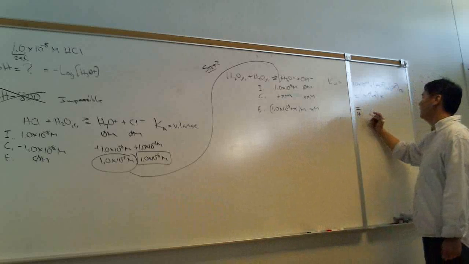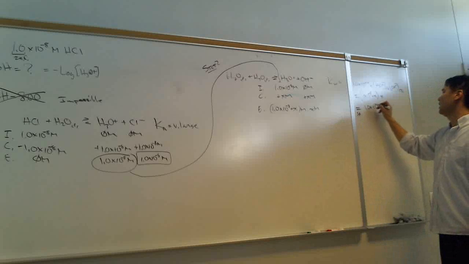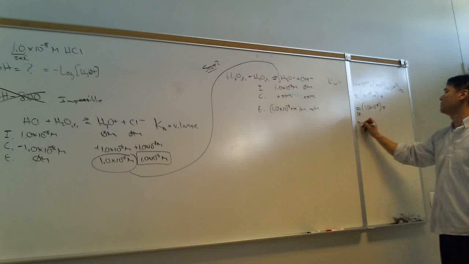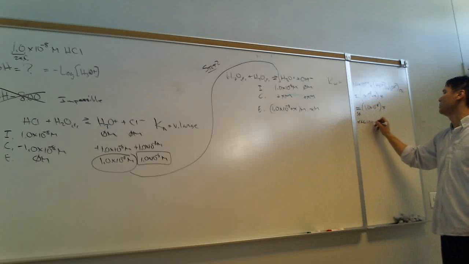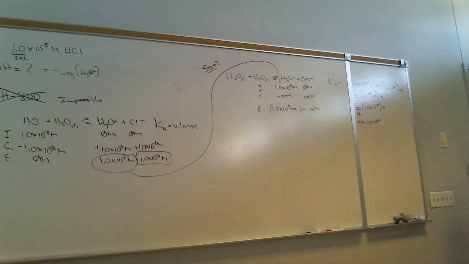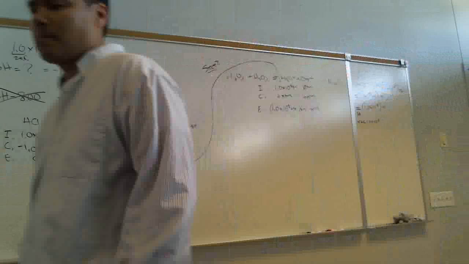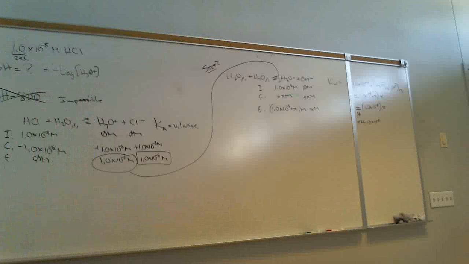We use the SA, and we get 1.0 times 10 to the minus 8 times X. In other words, X should be much smaller than 1.0 times 10 to the minus 8. Why do I think it should work well here? Because K is very small.